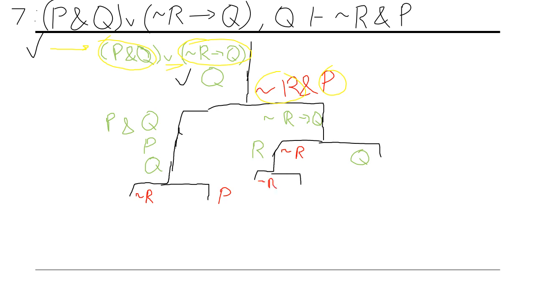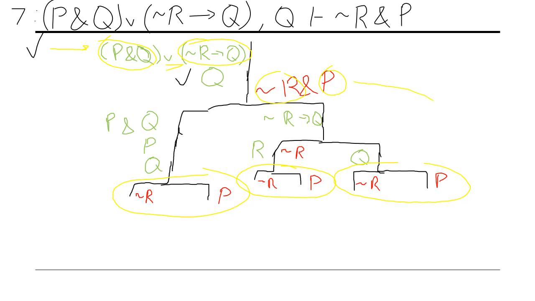Not R, P. So again, just to show you, this is all the same thing, all coming down from here. Because whatever happens above has to be put down below.